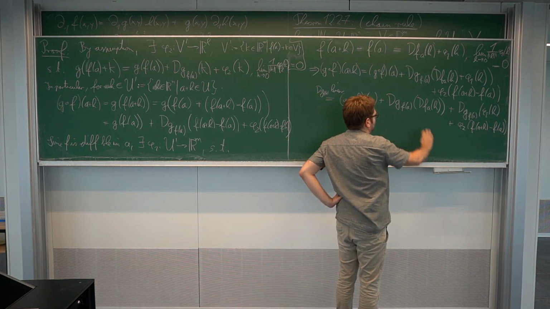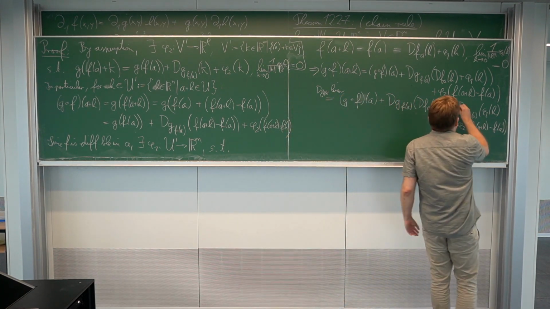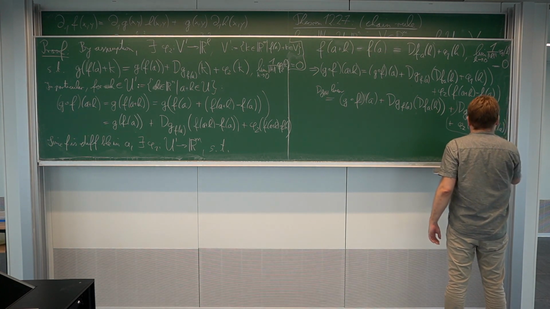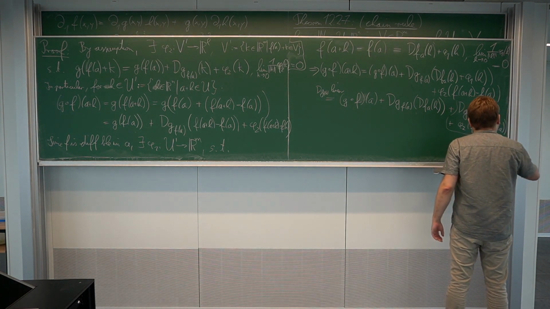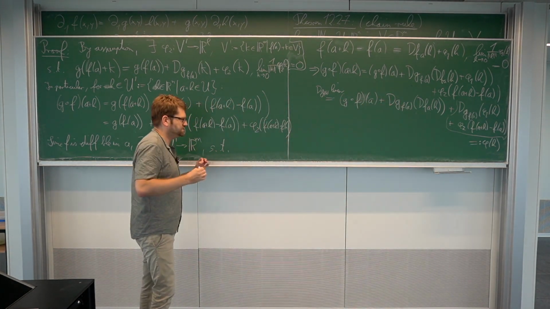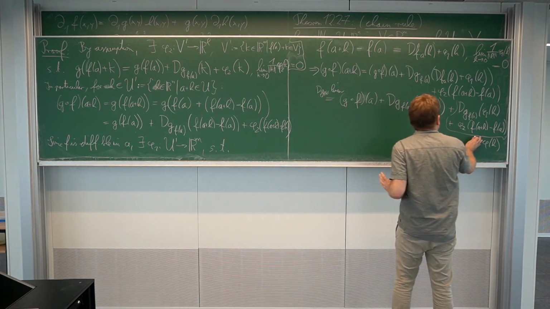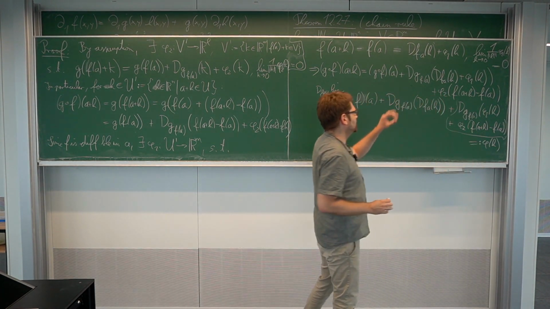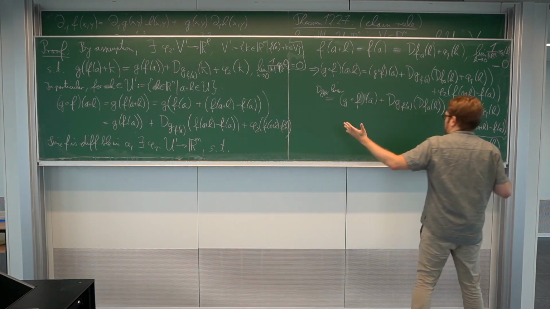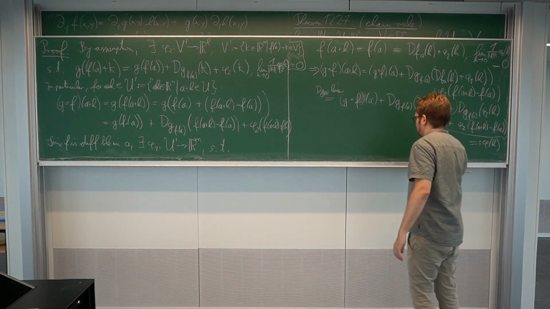We want this to be the derivative, or this was the claim here. So if we define all of this by phi of h, this means this is our rubbish function. So we need to show that this is really a very small function. Because if we can show that it vanishes in the limit when we divide by the norm, then this is the defining equation for a differential, and this shows that this is the differential.